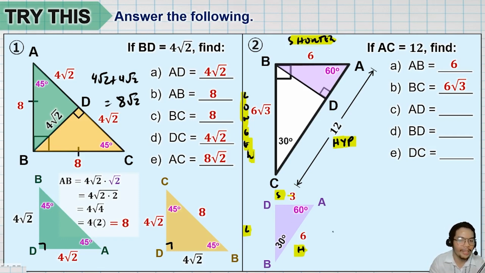And then our longer leg, which is DB or BD, is equal to 3 square root of 3, because that's our longer leg. So line segment BD is equal to 3 square root of 3.